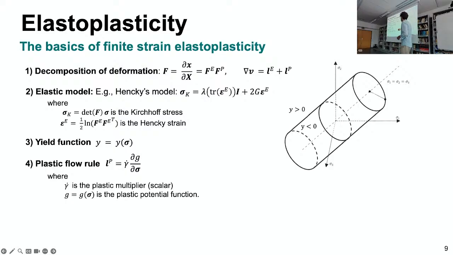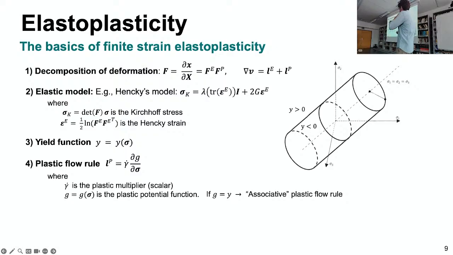So this essentially just says that this tensor has a certain magnitude in a certain direction, which is given by the plastic potential function. It's nothing more complicated than that. Very often, this G is just chosen to be equal to the yield function. That gives us an associative plastic flow rule because it's associated with the yield function.